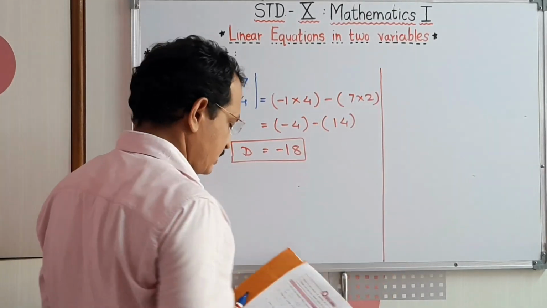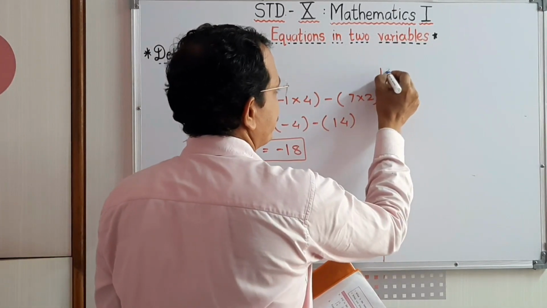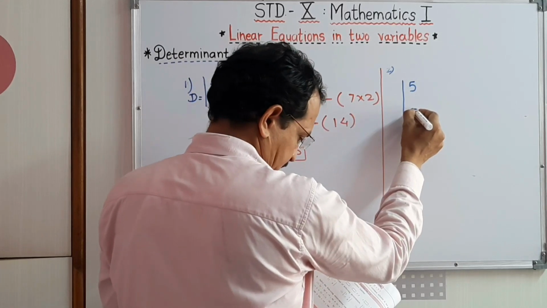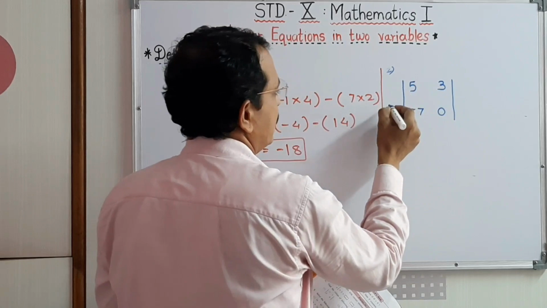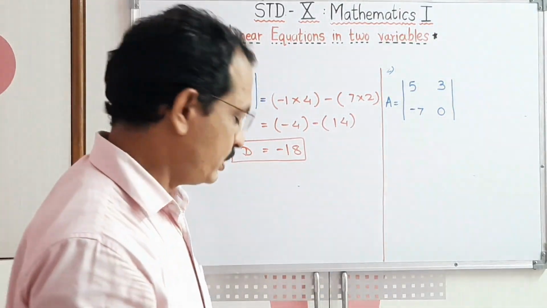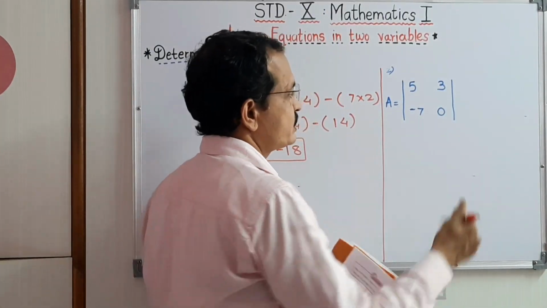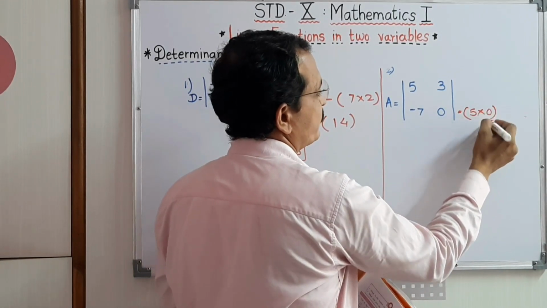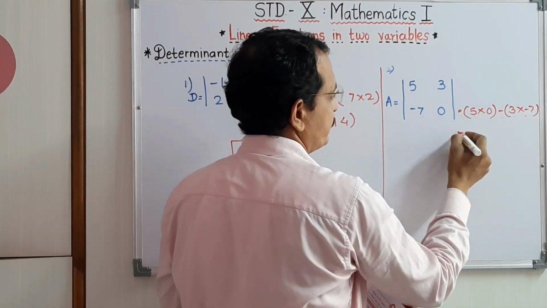Now let's see the second determinant. The second determinant is 5 minus 7 3 0. This determinant is supposed to be A, and we have to find out its value. First we have to do the multiplication. It is 5 into 0 minus 3 into minus 7.